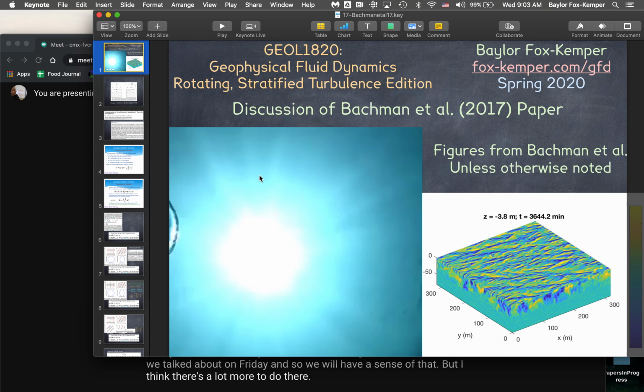Jihai and Akash both are thinking about this parameterization, how it works, what it does, so I thought it was useful to get their perspective. I also think it's a continuing illustration of the difference between submesoscales and boundary layer turbulence, in particular the tendency to restratify versus the tendency to mix. We'll be able to see how that goes.